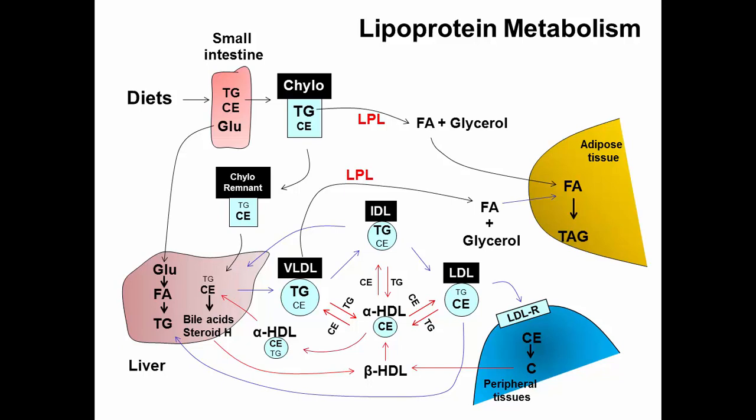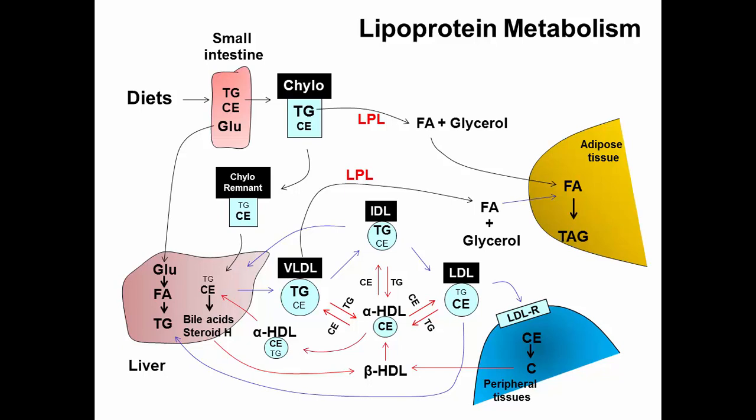And also, we absorb lots of glucose, carbohydrate, right? This always happens during the fed condition, particularly when we consume a high-carbohydrate diet. So glucose can be converted to fatty acids through the lipogenesis pathway, right? And the fatty acids are re-esterified to triglyceride.